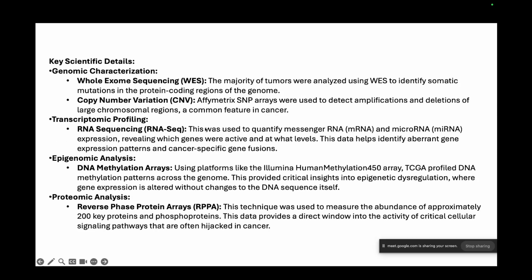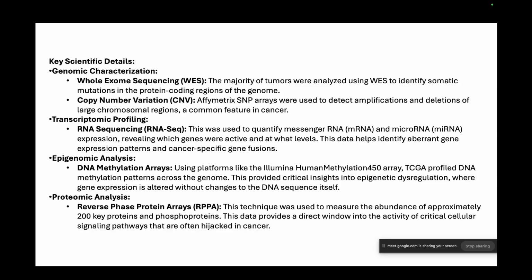Okay, as I was talking about, you have a lot of data present in the data portal. You have WES data, which is just the exome sequencing. The difference between whole genome and whole exome is that in whole genome you sequence all 3 billion base pairs in the human genome. In whole exome you only sequence the exonic regions of the genome, the regions of the gene that actually code for a protein.